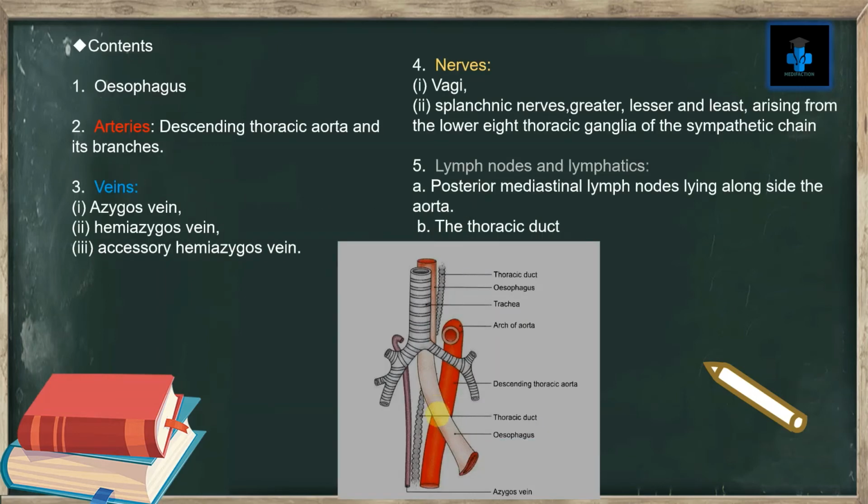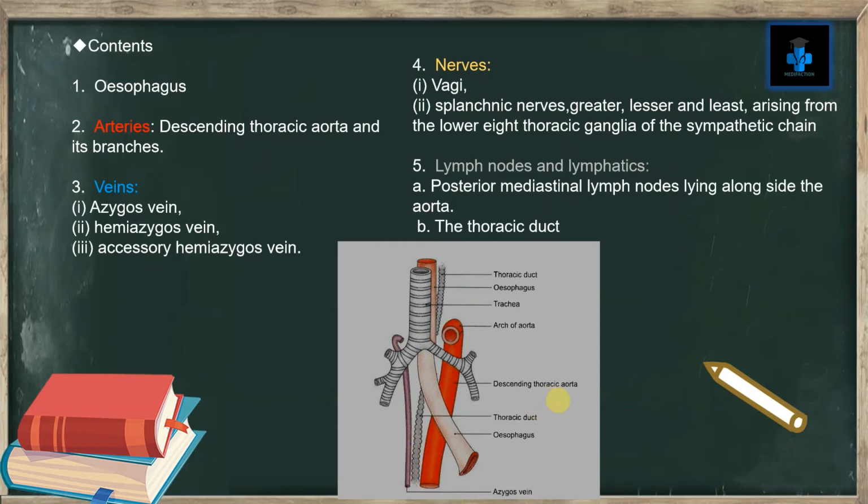Contents of the posterior mediastinum. There is the esophagus and the arteries. We can observe the descending thoracic aorta right here and its branches. In veins, we can appreciate the azygos vein right here, the hemiazygos vein, and also the accessory azygos vein.